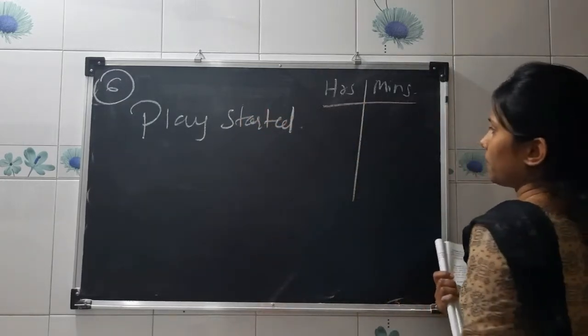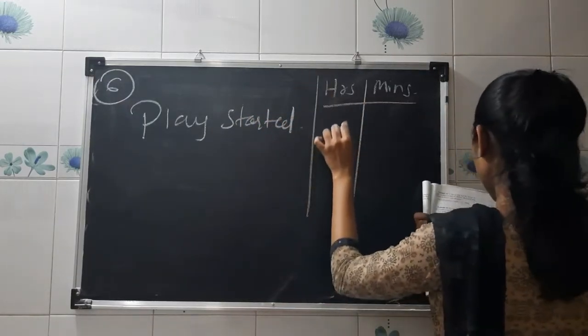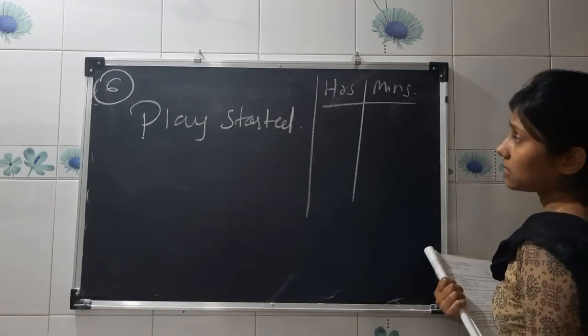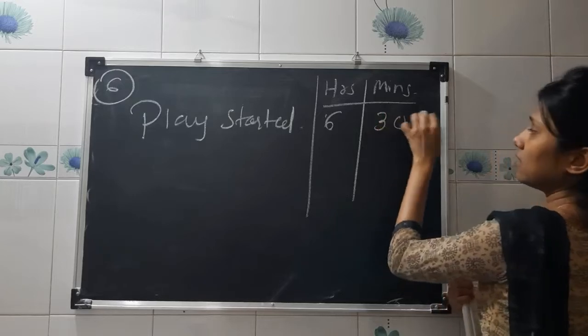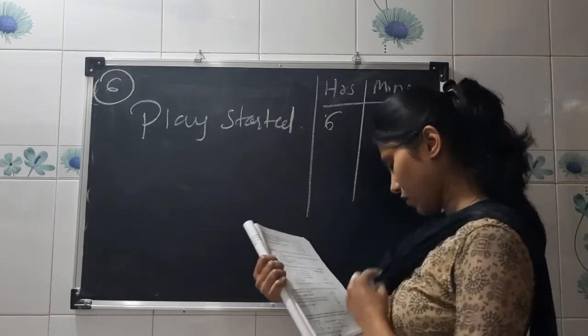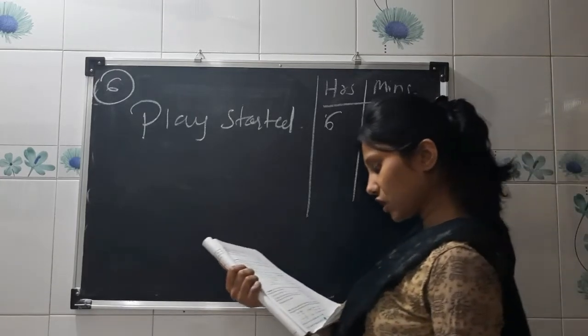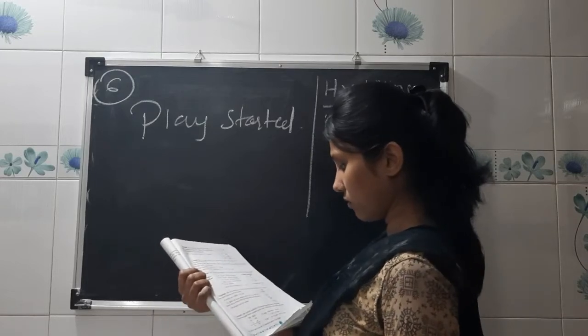Play started at 30 minutes past 6, means at 6:30 in the evening. Okay, and it finished 2 3/4 hours later.